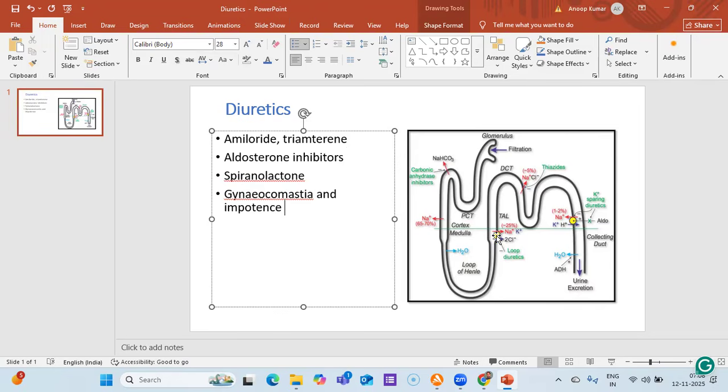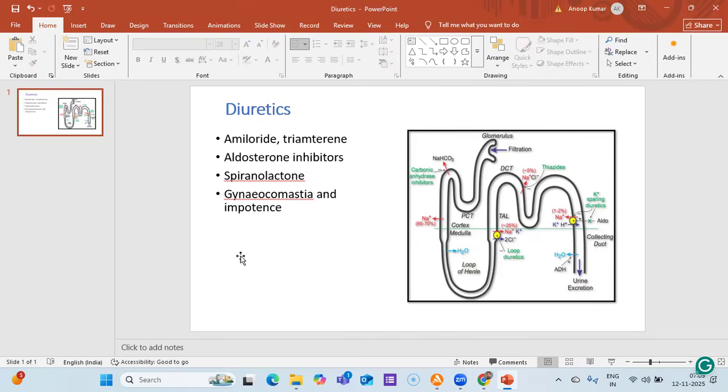Name the diuretics which act on the ascending loop of Henle, like furosemide. Which diuretics act on the distal convoluted tubules, and what are the transporters there? What are the transporters on your collecting ducts and the later part of your distal convoluted tubules? So these are all important points about diuretics.